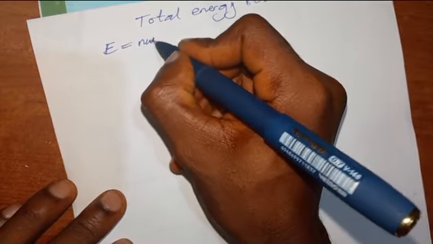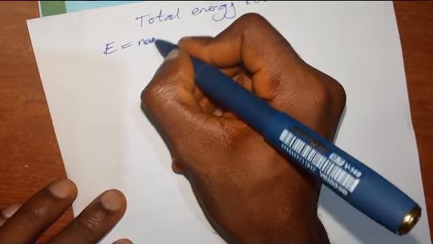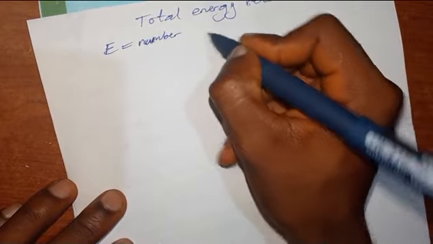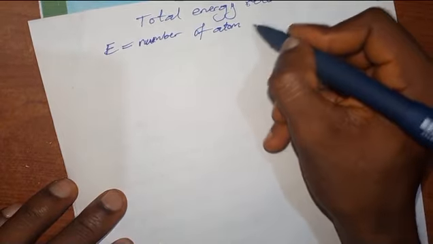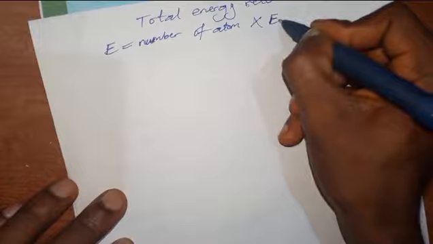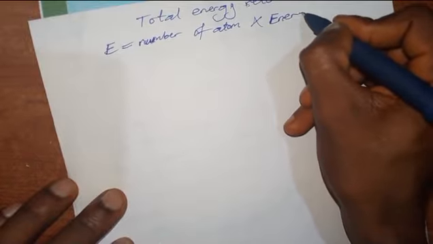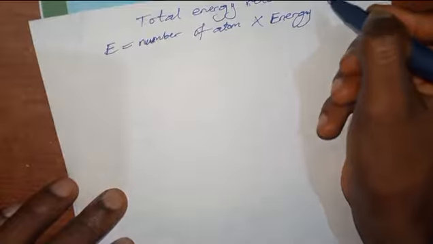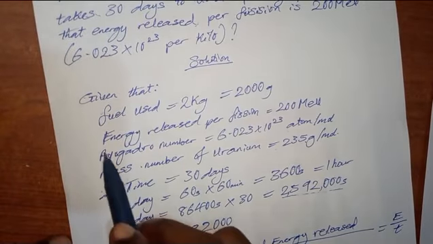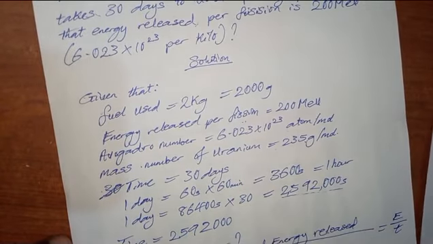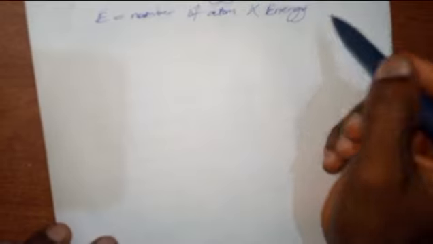The number of atoms times the energy. This is not the total energy, mind you. This is the energy released here, the energy released per fission. That's the energy I'm talking about. This is not the total energy.